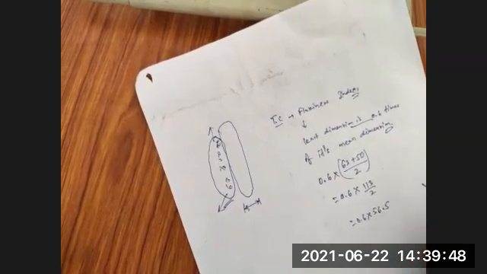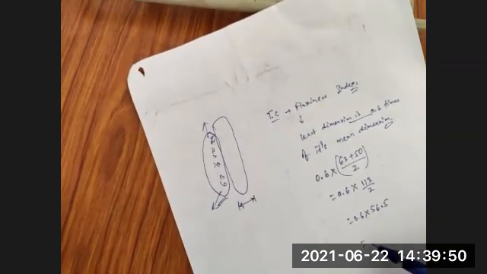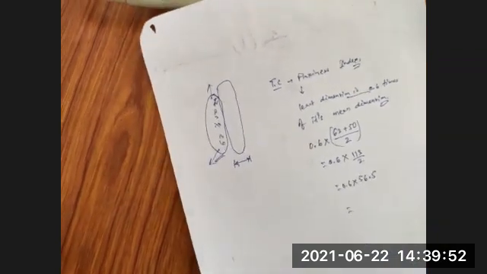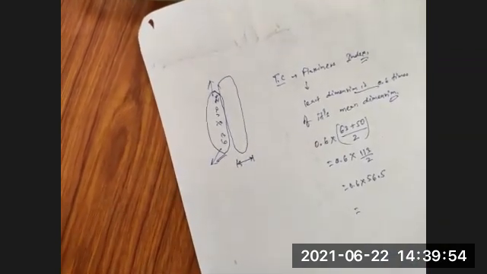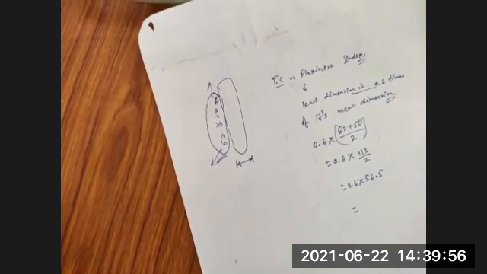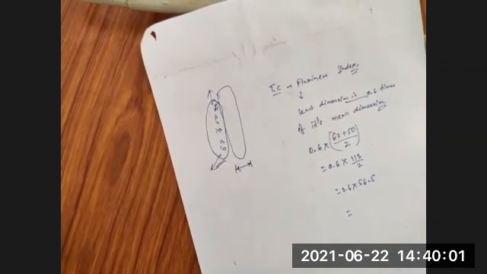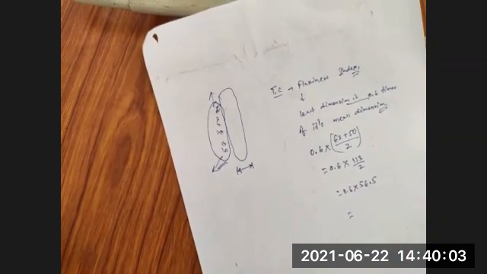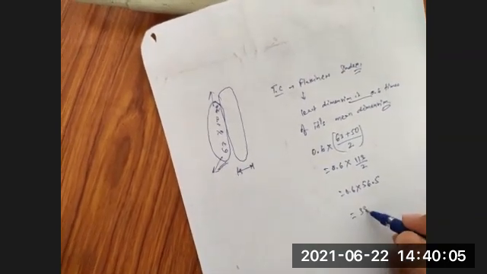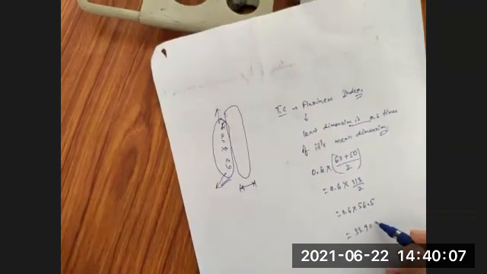So if we multiply 56.5 with 0.6, what do we get? Basically 56.5 into 0.6, we get 33.9. So basically we get 33.90 mm.